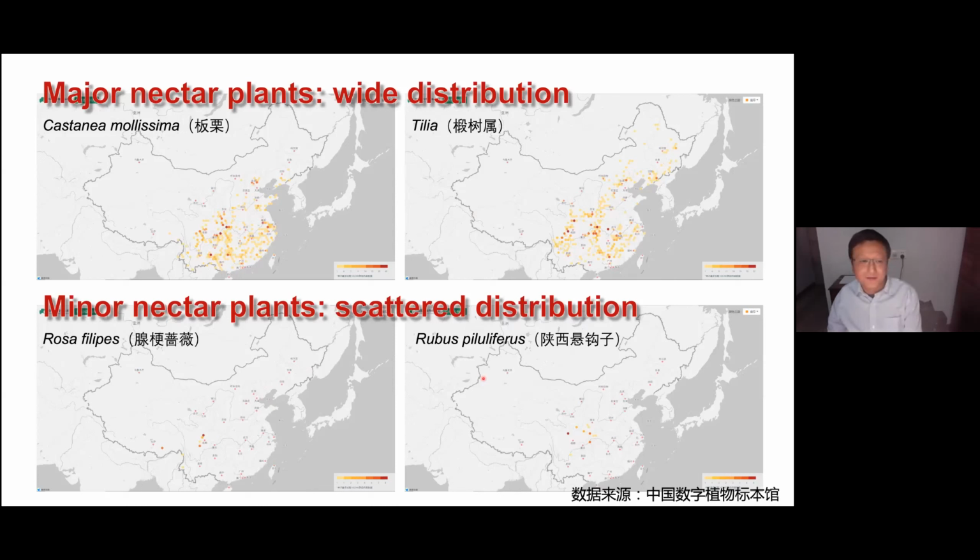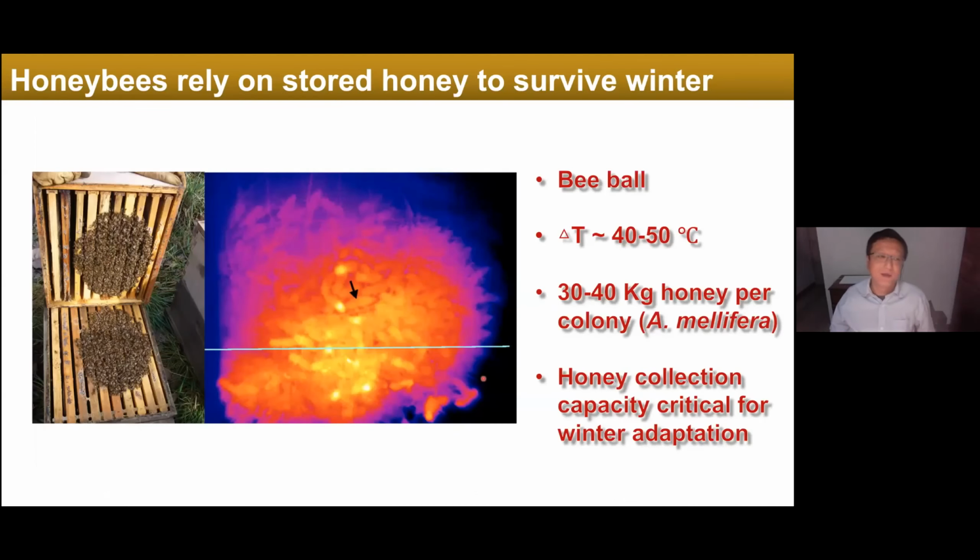So what is it, right? What is it that has been causing problems? We actually knew the answer because we knew that the temperate honeybees will have to survive winter. And actually, honeybees are one of the very few insects that could do it that way. They do not hibernate. So they survive winter by staying alive.